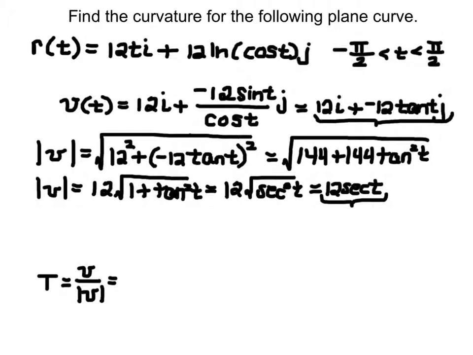The numerator is 12 in the i direction minus 12 tangent t in the j direction. And this is divided by the magnitude of the velocity, and we can do each component separately. The magnitude of the velocity is 12 secant t.